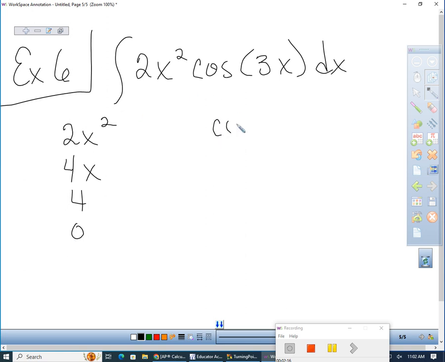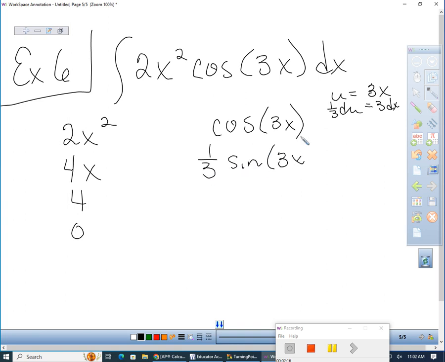Over here is where it's going to be a little bit tougher. I have the cosine of 3x. So remember that we would have done a u substitution for 3x, which means that our du would have been 3dx, and we would divide the 3 over, right? So my antiderivative of cosine 3x is going to be 1/3 sine 3x. What about the antiderivative of 1/3 sine 3x?